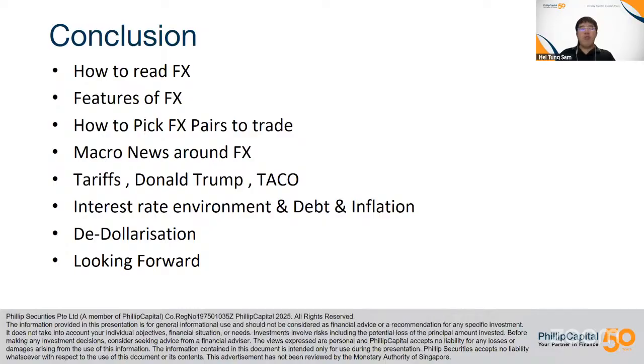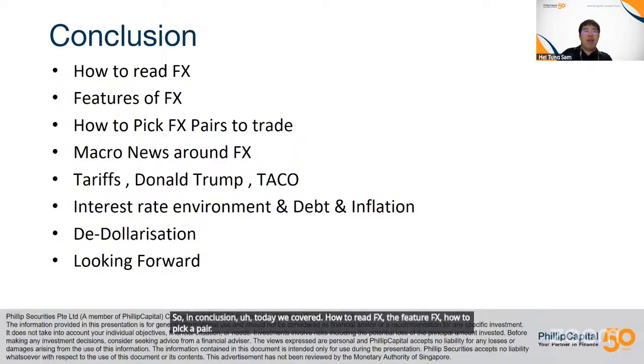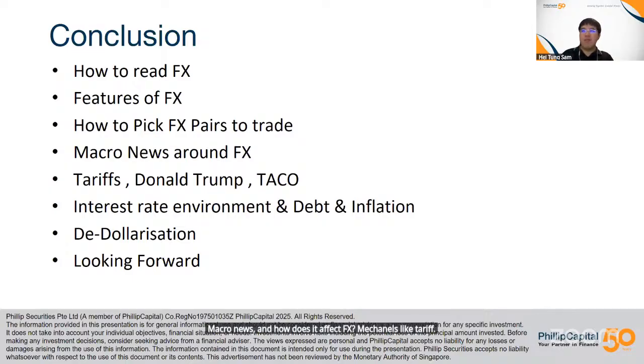So in conclusion, today we covered how to read FX, the feature FX, how to pick a pair, macro news, and how it affects FX. Macro news like tariffs, Donald Trump's TACO, the interest rate environment from the Fed, the debt, the big beautiful bill, inflation, and then we also mentioned a little bit about de-dollarization and how it's slowly shifting.